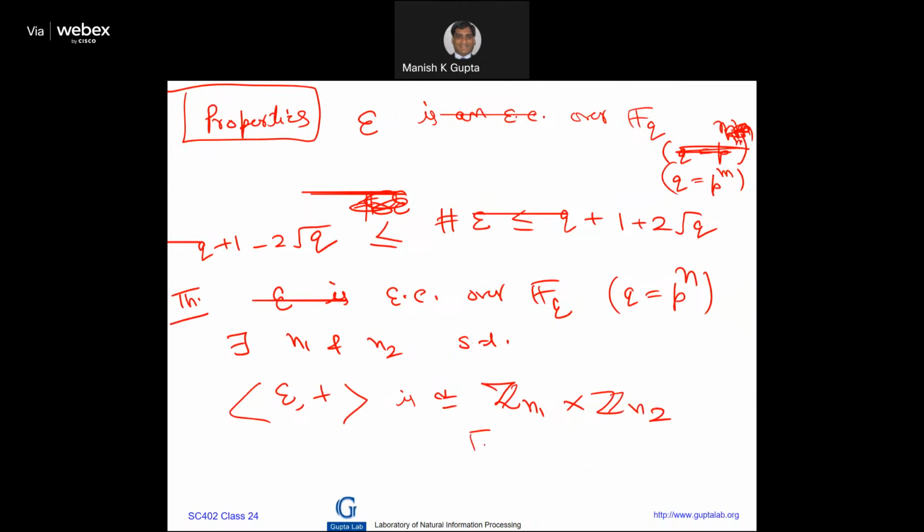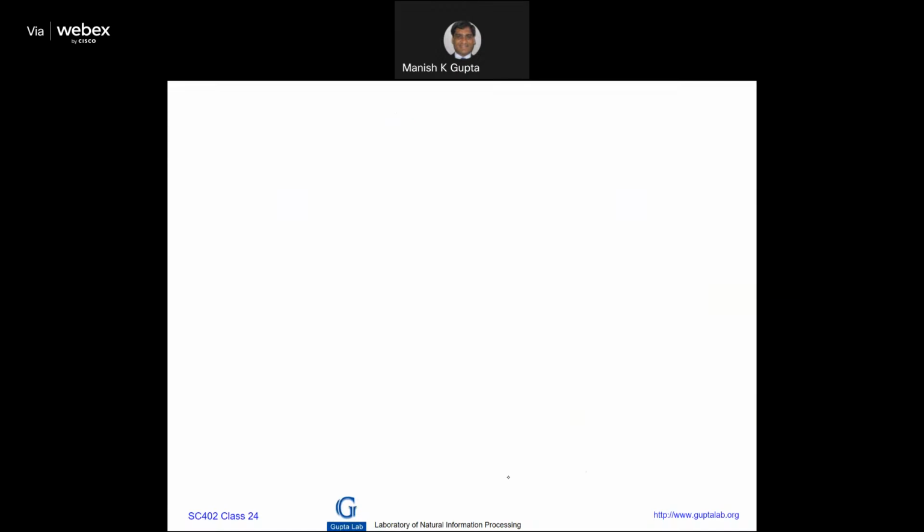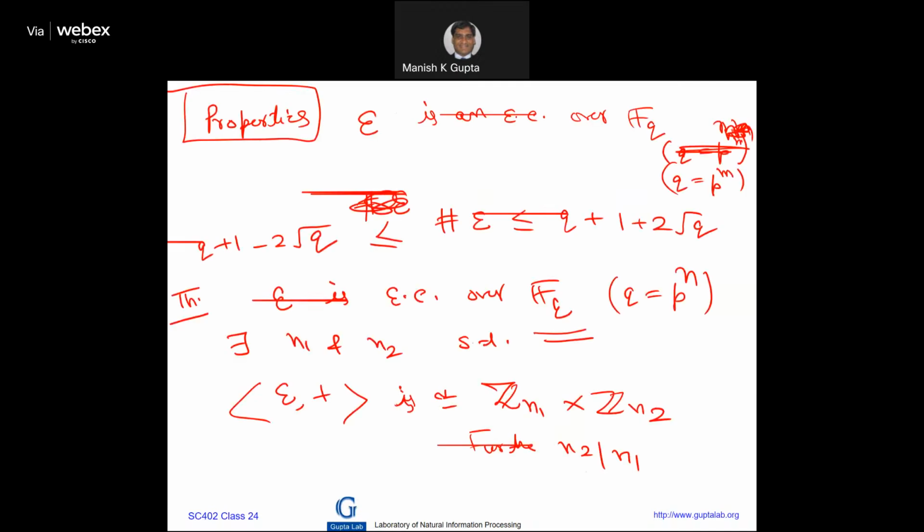Further, n2 divides n1. So if you look at an elliptic curve over Fq, then the collection of points is basically isomorphic to this Z_n1 cross Z_n2. This is one result.